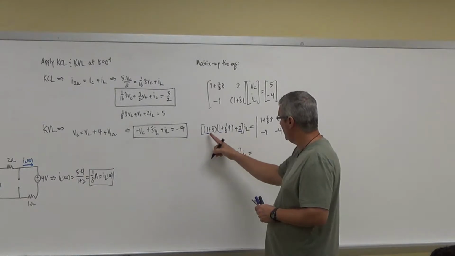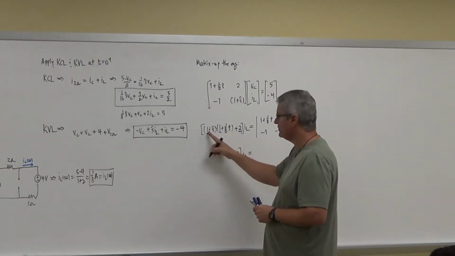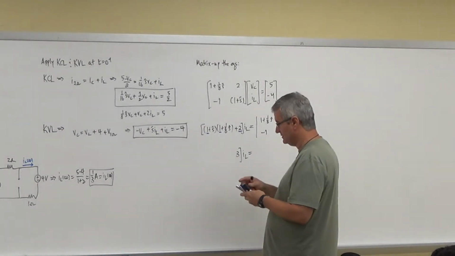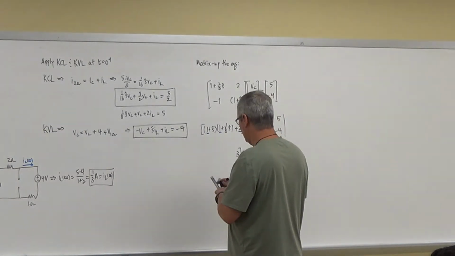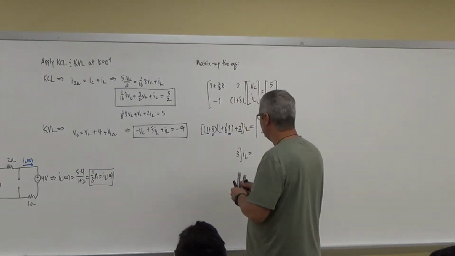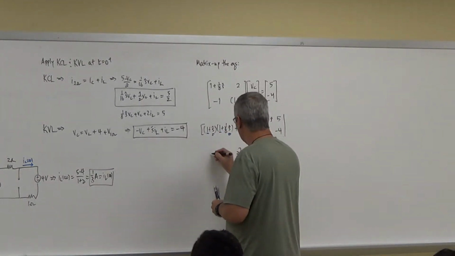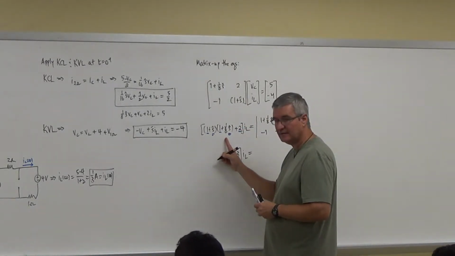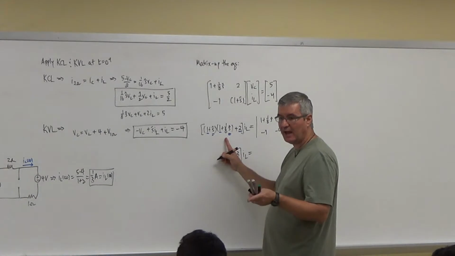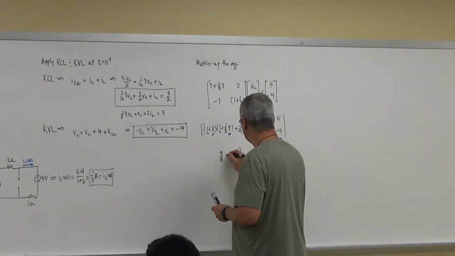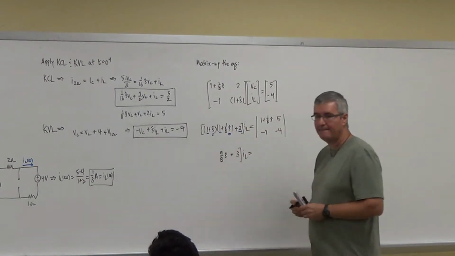And then 1/8 s hat times 1 gives me 1/8 s. So then if I come over here, I'm looking at only that term and that term. So if I look at that guy, then I'm going to get s hat plus 1/8 s hat should be 9/8 s hat. So I get 9/8 s hat, like that.